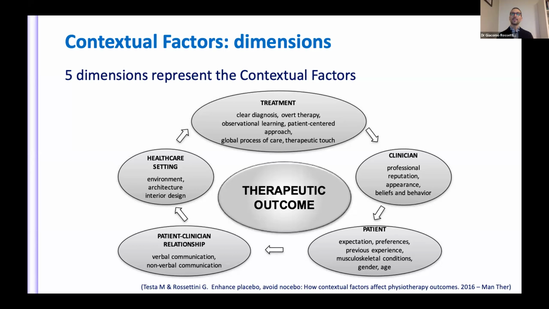Between the patients and the clinician, there is a relational dynamic in terms of verbal and non-verbal communication. In addition to the relational component, also the treatment characteristics play an important role. They represent the rituality of the treatment that we administered. Finally, the fifth dimension is represented by the characteristic of the healthcare setting within which the encounter is being delivered, such as the environment, the architecture, and the interior design.